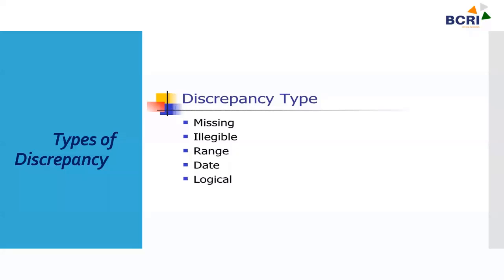Now the value of a particular person is, suppose, 20. It is outside the normal reference range, right? My normal reference range is 12 to 16, and its value is 20. It is outside the reference range. So I, as a data manager, will have to question this result. How did it become 20?